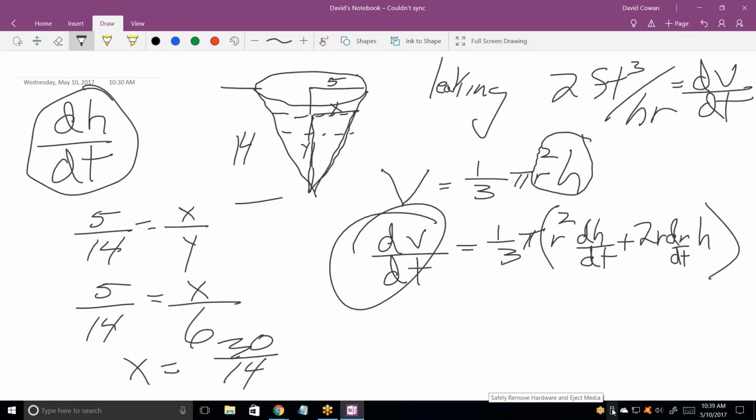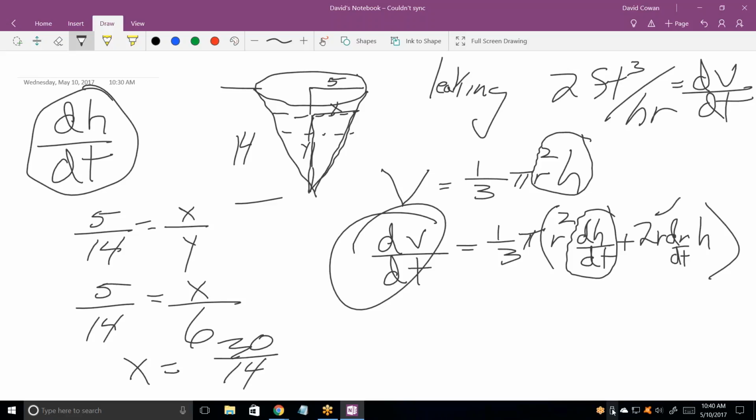Now, we know what r is going to be when y is 6. We know it's going to be 30 over 14. We know what r is, but we don't know what dr/dt is.